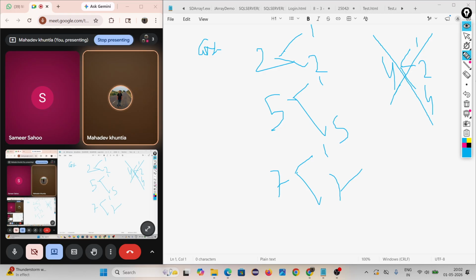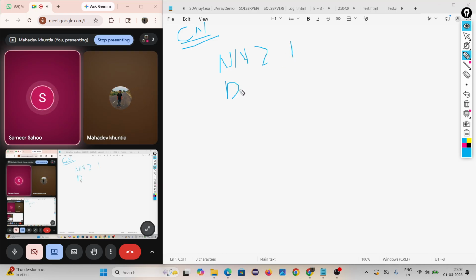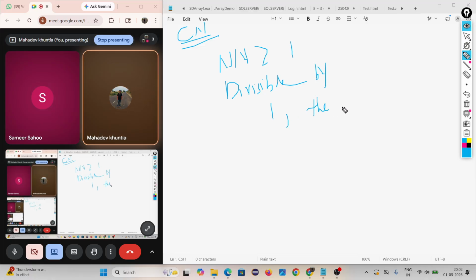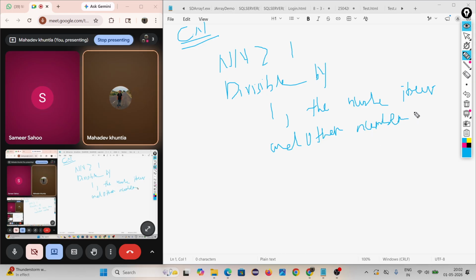Then composite numbers. A composite number is also a natural number greater than 1, divisible by 1, the number itself, and other number or numbers.